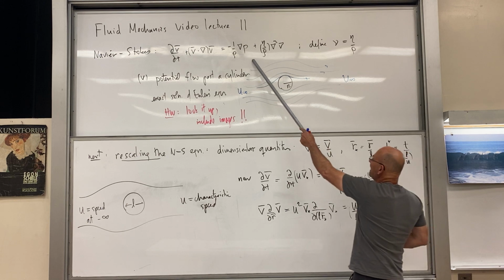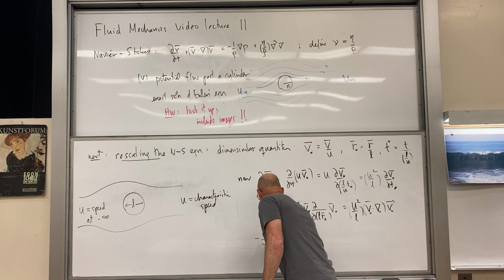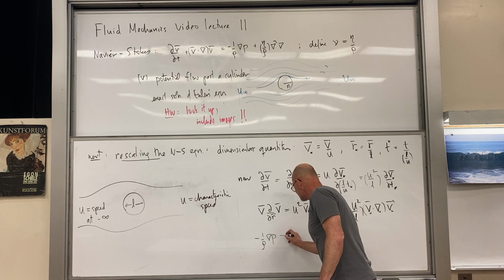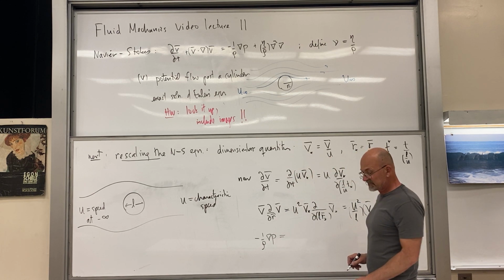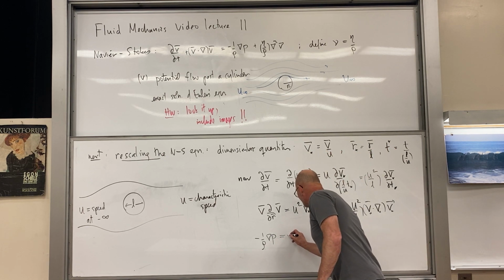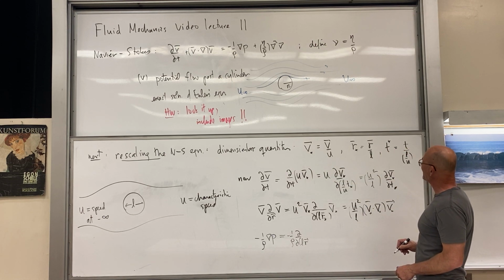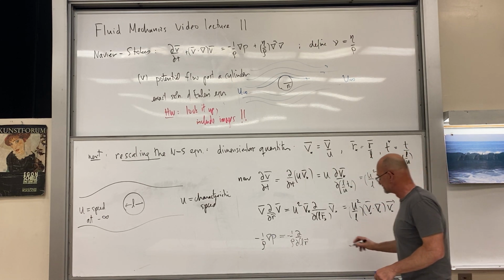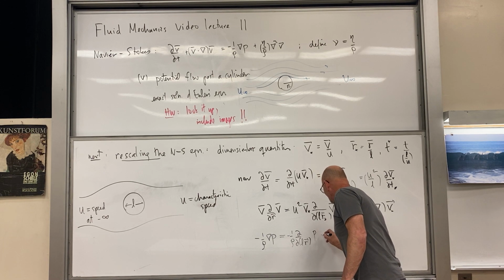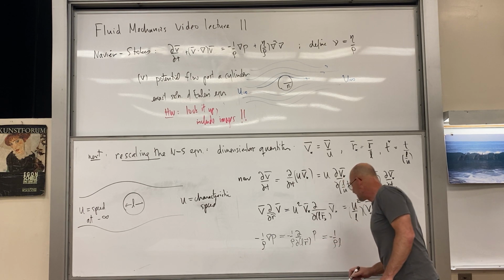Now the gradient of P is going to be a little bit different. Minus 1 over rho gradient of P: when we take the gradient star, that's minus 1 over rho d/d(L R star), so we get L out here.